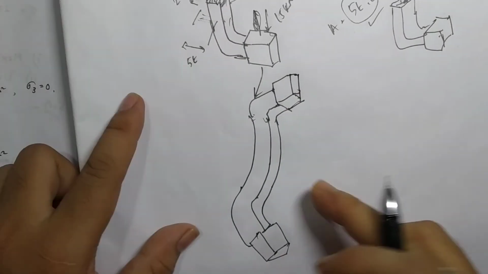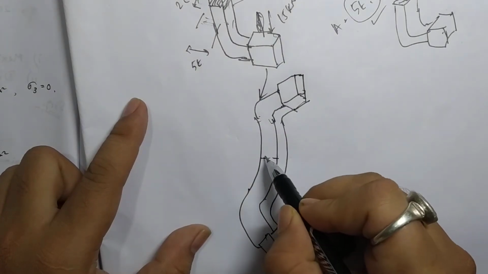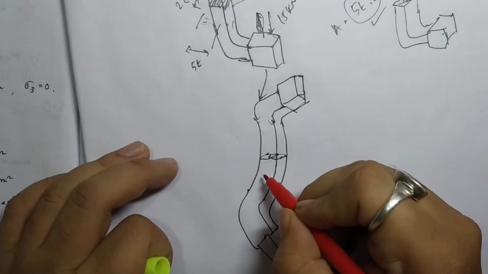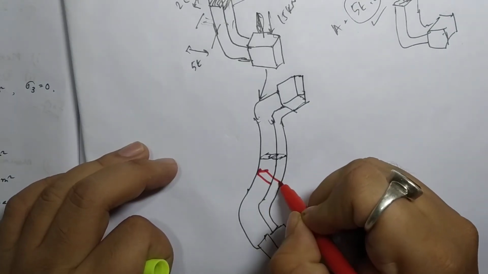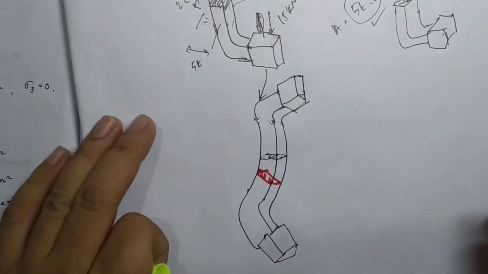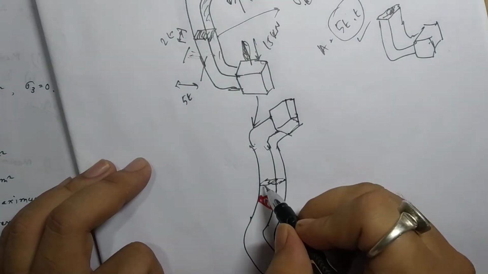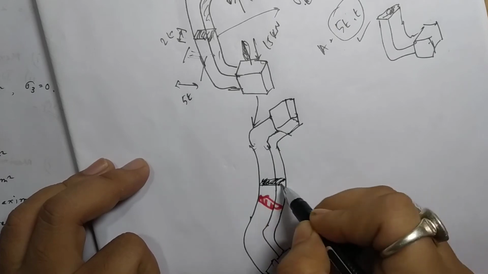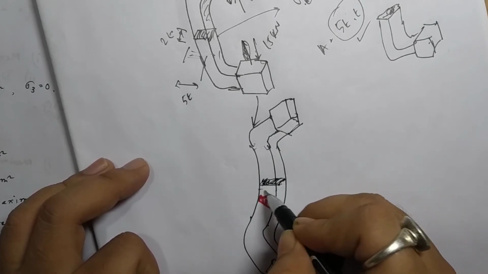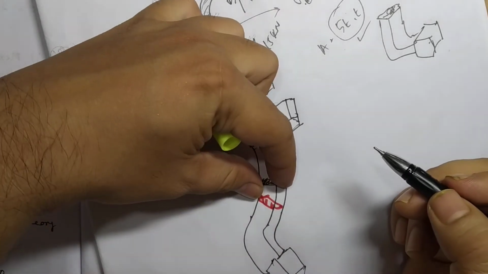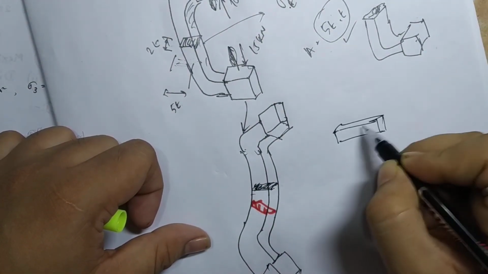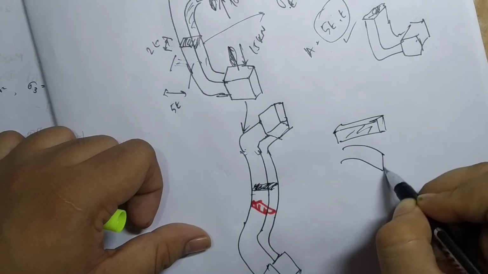Understood this? So this is the initial area here, and the final area anywhere you take, either in this direction or that direction. Obviously the centroidal distance will be half of 5t. Just compare with the beam. This is the beam, and the beam has bent in this manner.